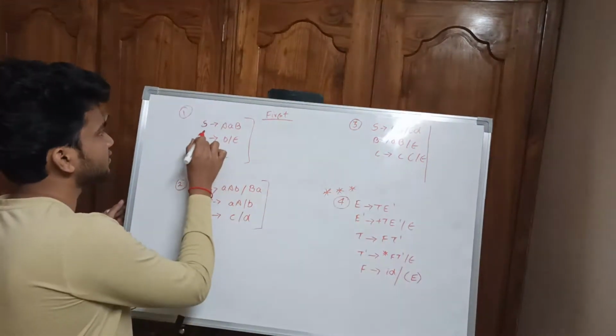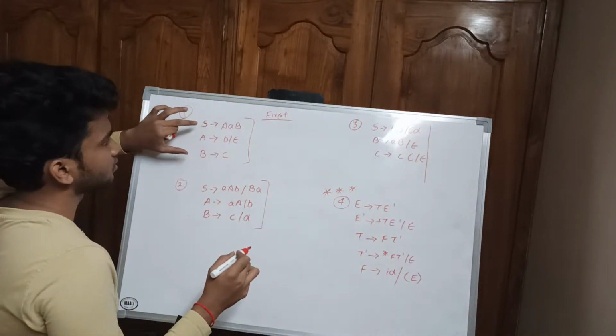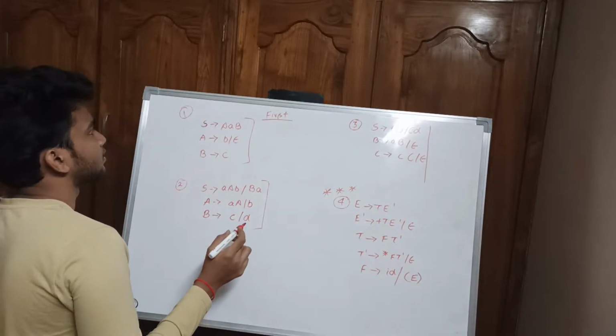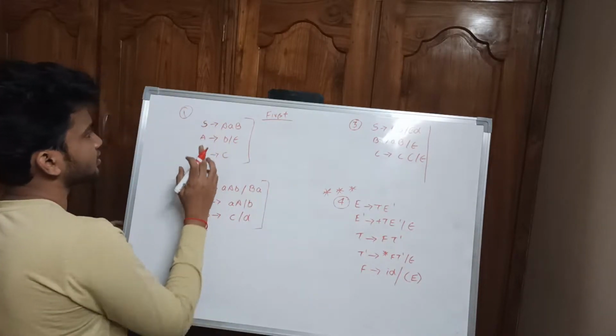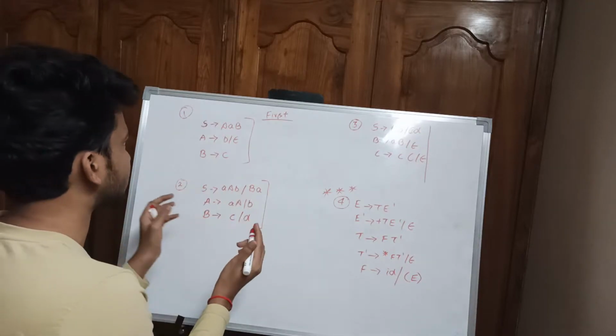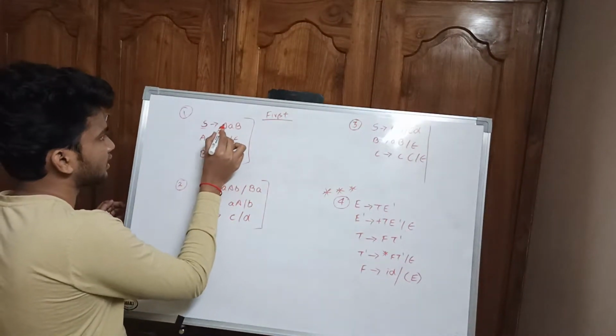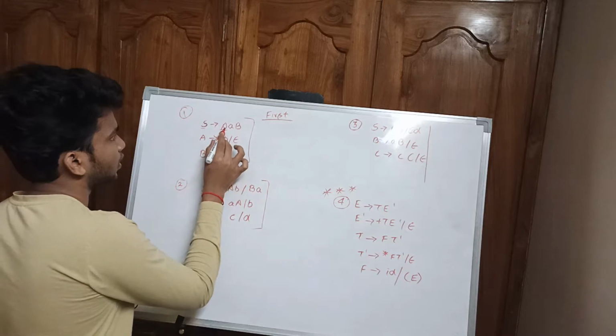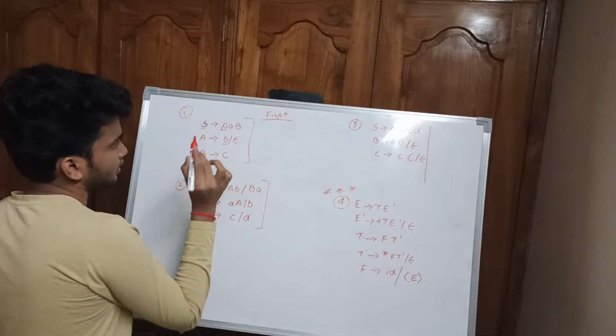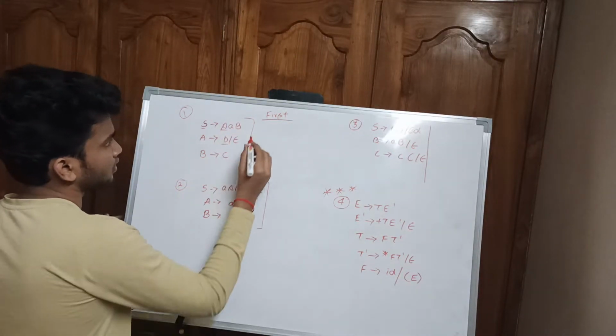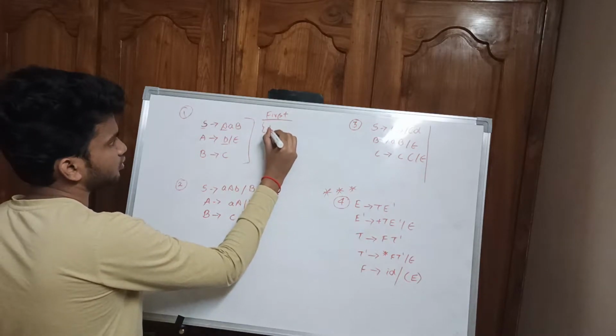So here, the very first example, we are having three production rules for a given grammar, and let's calculate First of S, that is, on non-terminals we are calculating. What is First of S? It is given capital A. So what is First of A? It is given small b. So one symbol is small b.